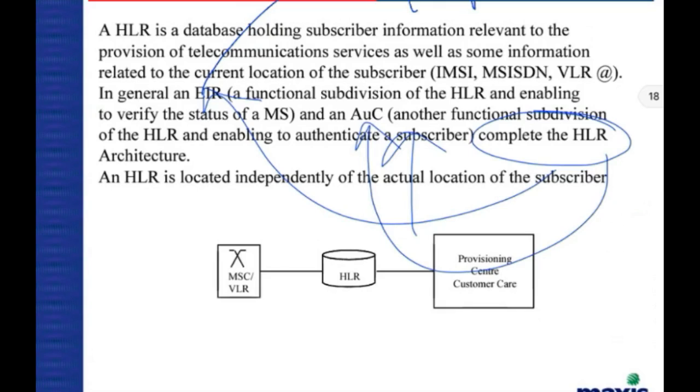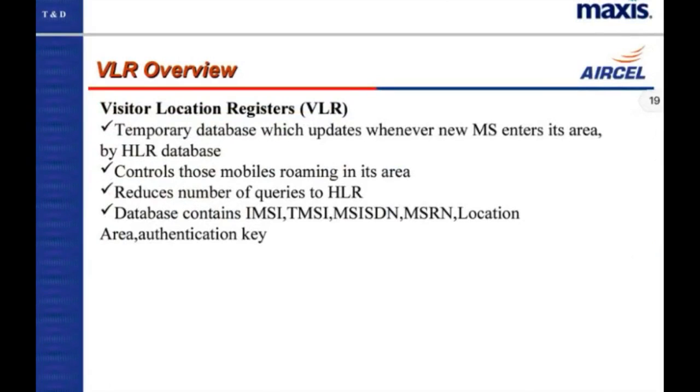The home location register is located independently of the actual location of the subscriber. Then very briefly talking about the VLR, it is a temporary database which updates whenever a new mobile station enters a given service area.